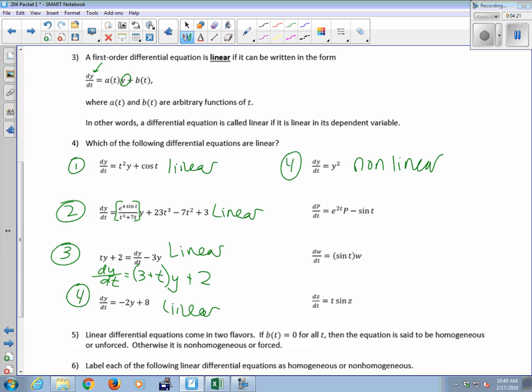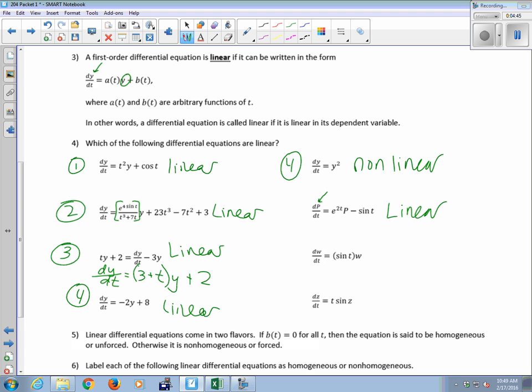How about dp dt equals e to the 2t times p minus sine t? Yes, it's linear, and this is the first one that's a little bit tricky in that I changed the name of the dependent variable to p. So I'm looking for p to the first now. All right, dw dt equals sine of t times w.